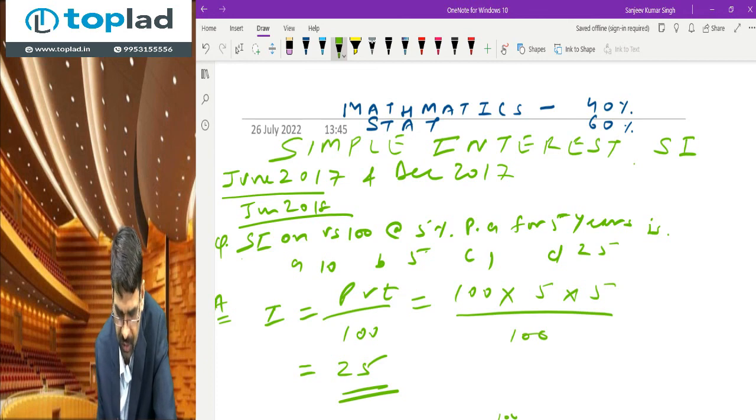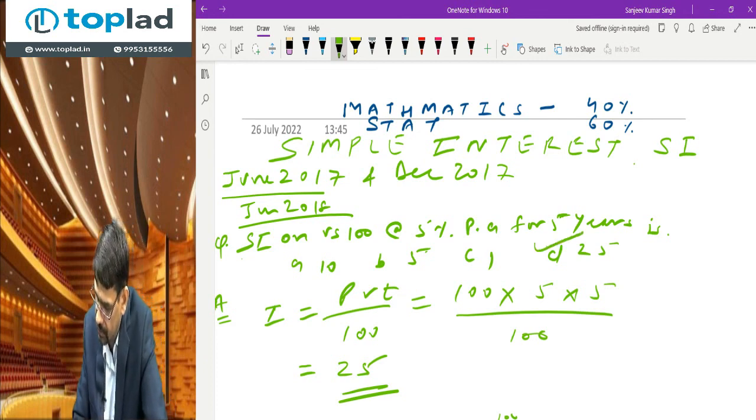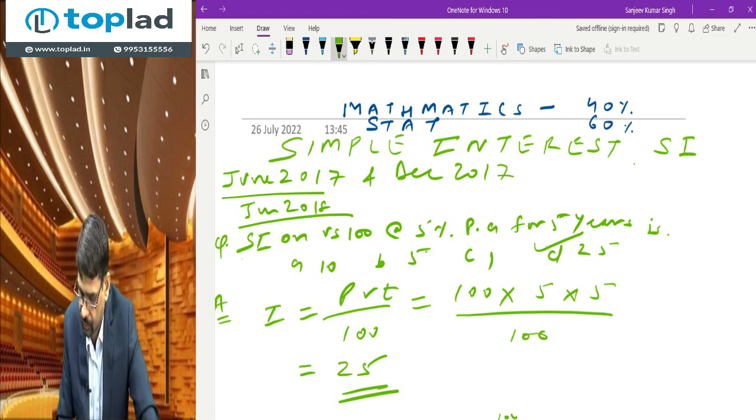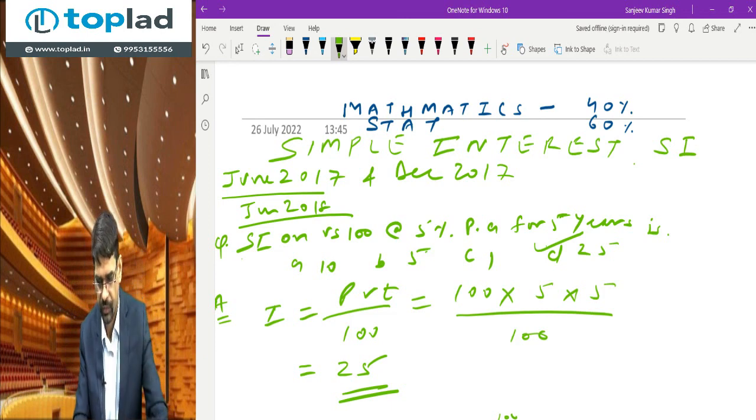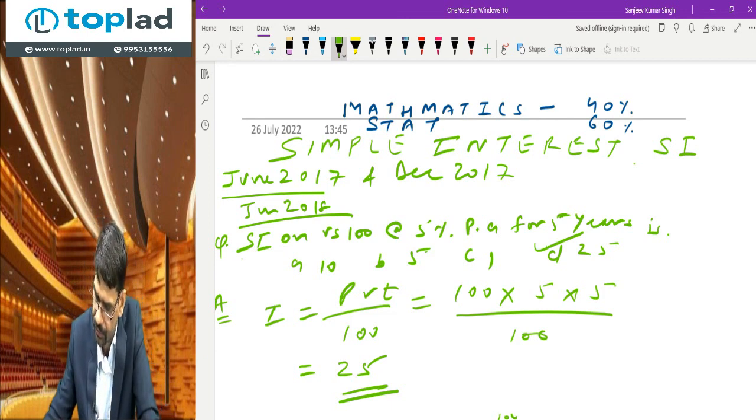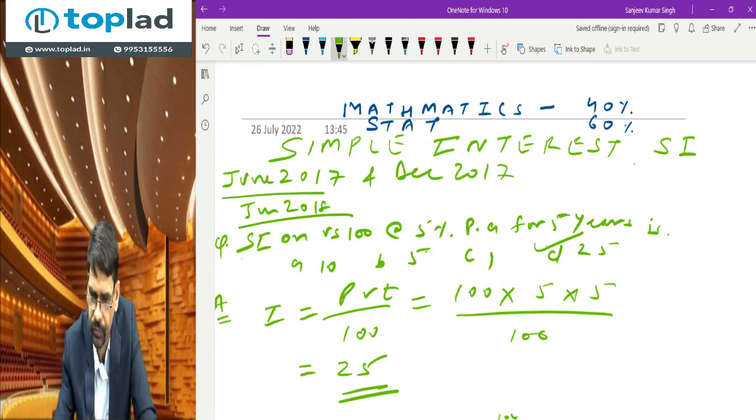So which one is correct? D is the correct answer, 25. Interest is 25. This is the correct answer.